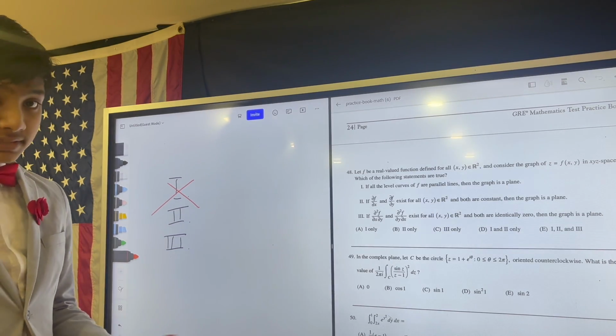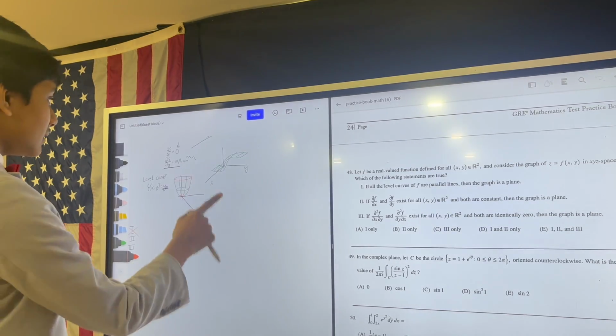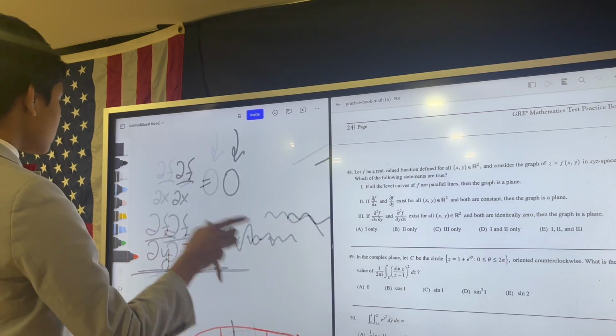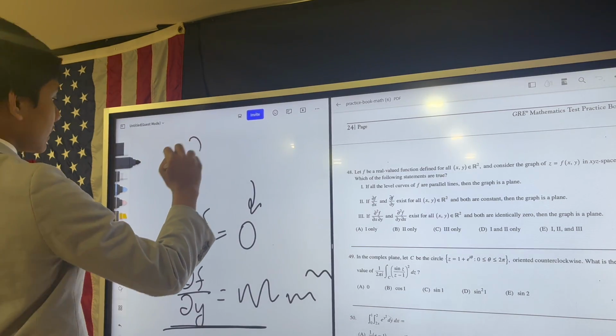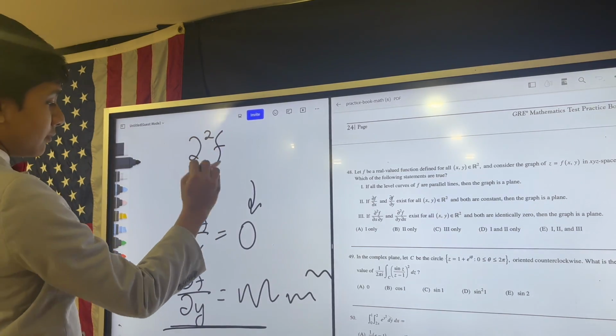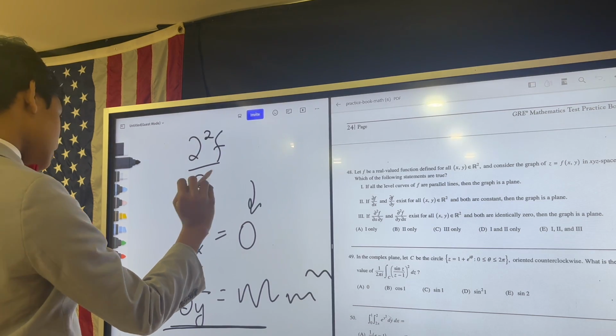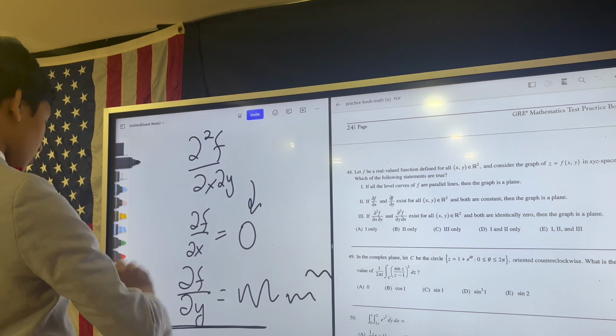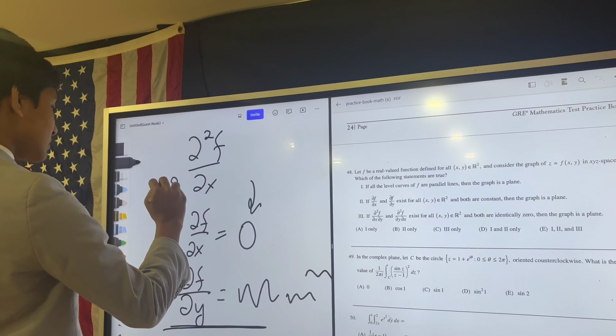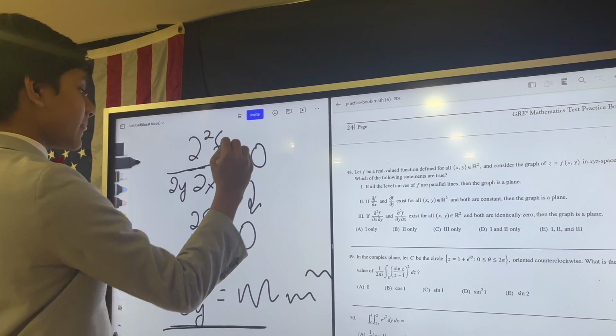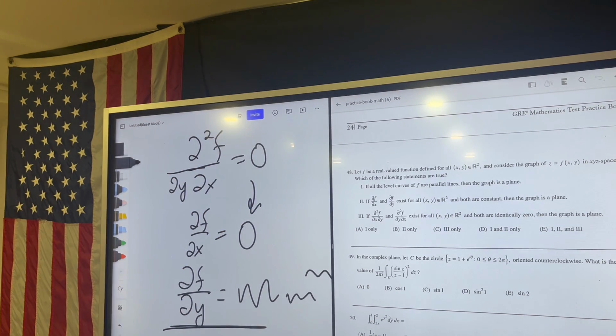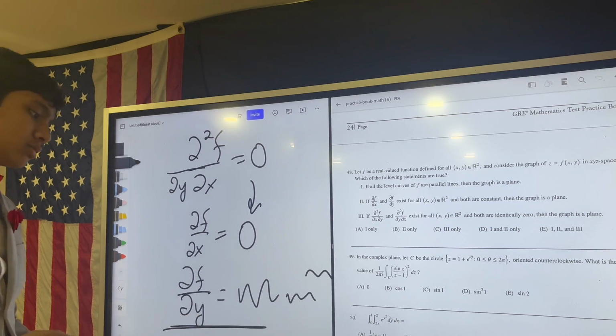And in fact, the same thing holds for 3. If partial f partial x is equal to 0, then clearly partial squared f partial x partial y is equal to 0, or partial y partial x. If you take the derivative of 0, it's still 0.